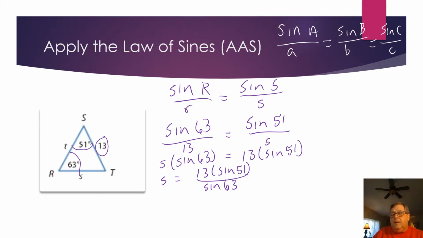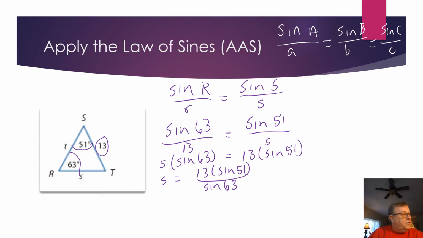Well, let's see. One of the first things I want to do is check my mode. I'm currently in radian mode, and we're working in degrees. So I'm going to hit my mode button and change it from radian to degree, and quit out of that. So I've got 13 times the sine of 51, and we're going to divide that by the sine of 63.